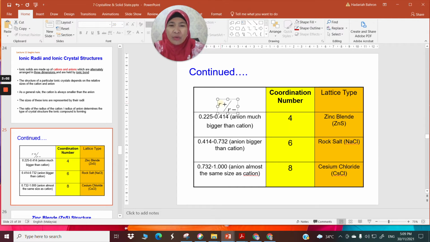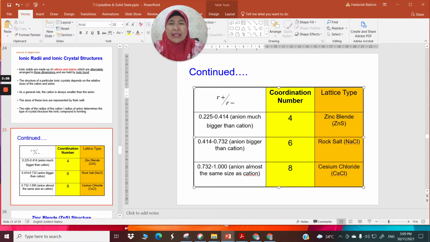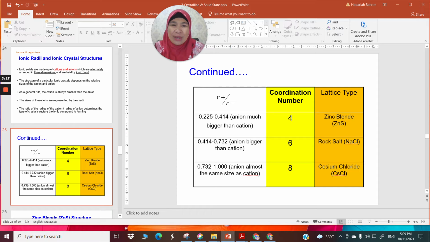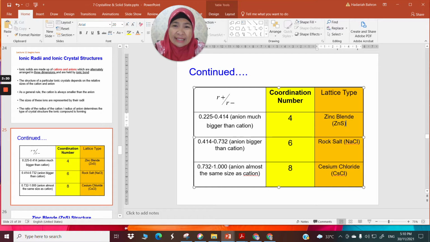If you divide the radius of your cation by the radius of your anion, and the value falls between 0.225 to 0.414, where the anion is much bigger than the cation, then you are going to have the lattice type of ZnS, or zinc blende.